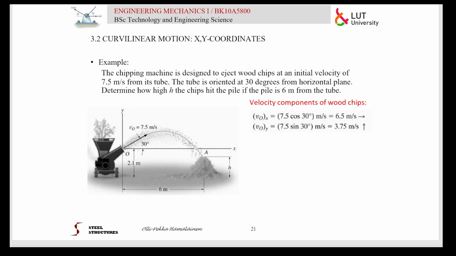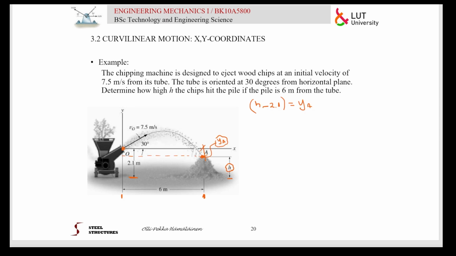Now, first step, we decompose the velocity into x and y directions. The x direction goes to the right, it is positive. It would make sense, I have a comment here, 2.1 minus h. It would make sense, and you're correct, and the logic says that. But remember, when I go from here to here, I'm walking a negative path, meaning that the value of ya is most probably going to be negative.